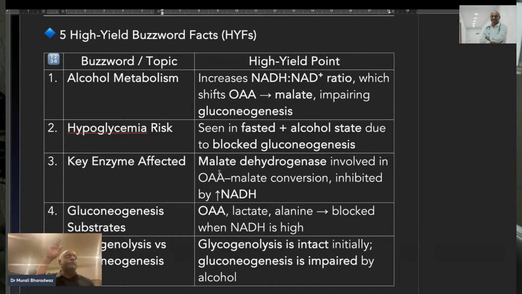That will stop gluconeogenesis. Alcohol is converted by alcohol dehydrogenase into acetaldehyde, which becomes acetate, which will enter the citric acid cycle and produce NADH, and the high NADH will inhibit gluconeogenesis. That is what we need to remember.